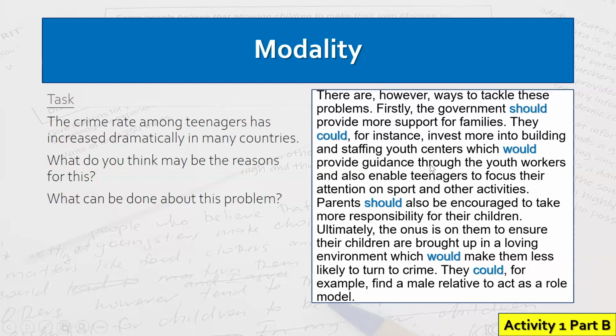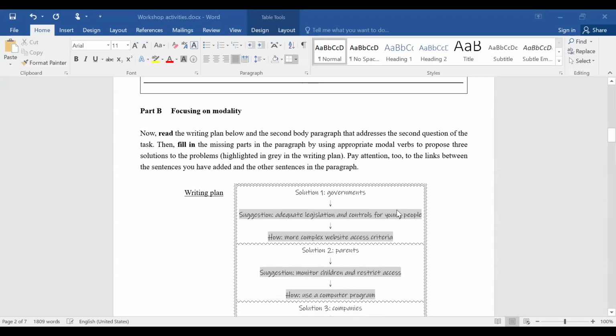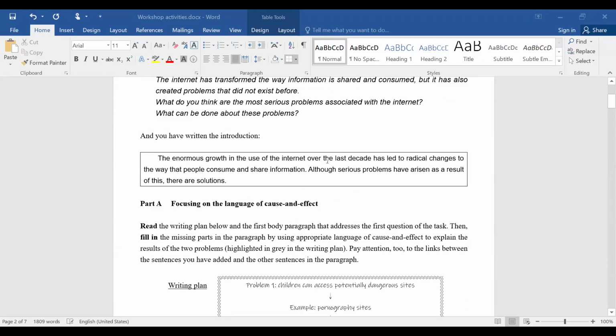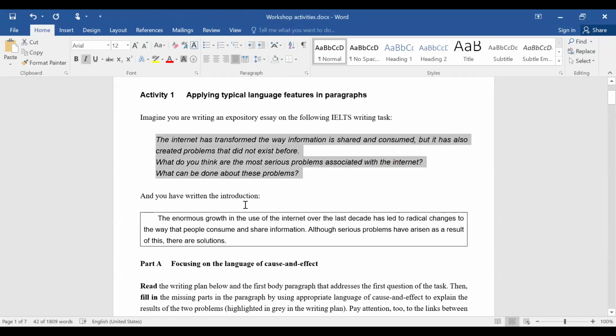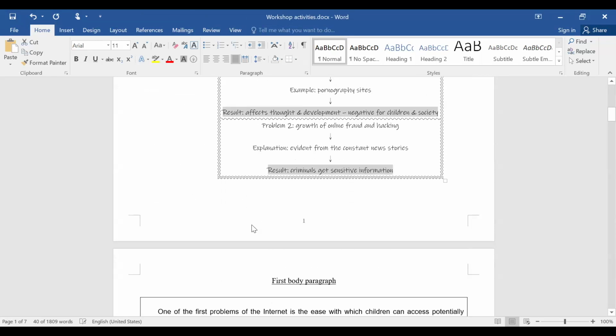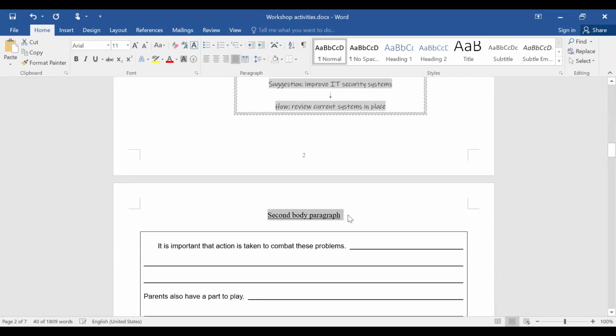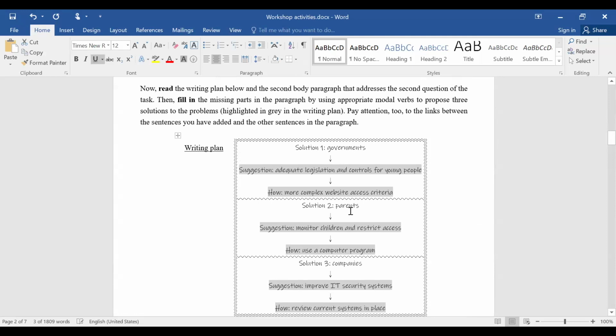So again, I have another activity for you. If we go back to the handout. Okay, activity 1, again, the same writing task, the same introduction, but this time you are given a second body paragraph, the same as the previous part.